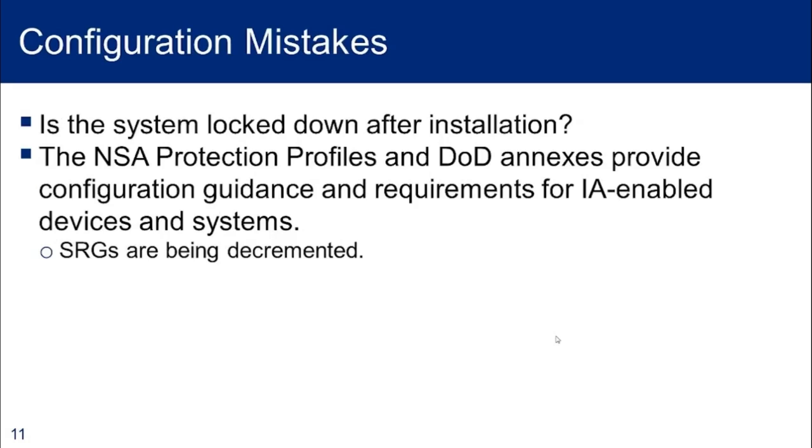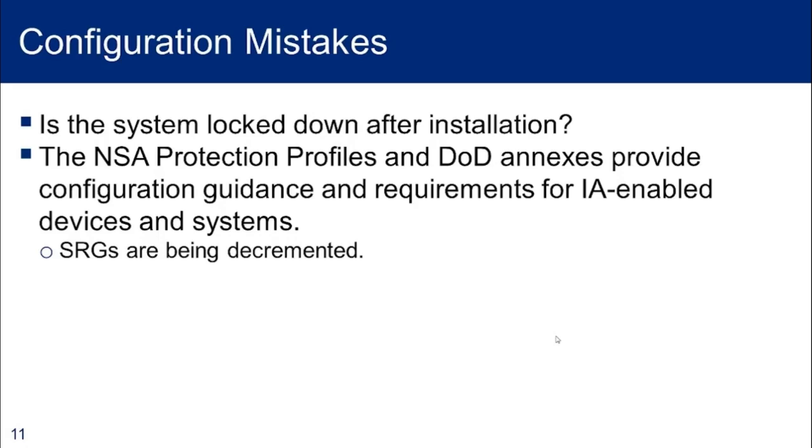In the Department of Defense, Security Requirements Information Guides provide guidelines for development of Security Technical Implementation Guides, or STIGs, which contain lockdown information. STIGs, developed by the product vendors, document applicable DoD policies and security requirements for specific technical products, as well as best practices and configuration guidelines.